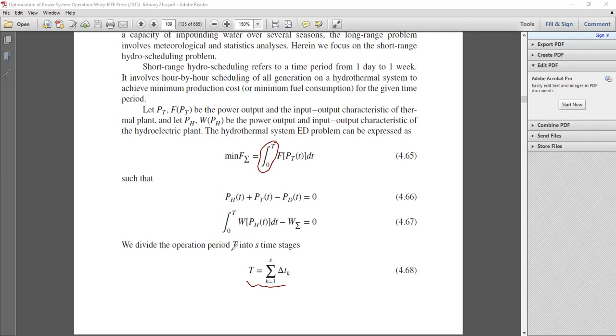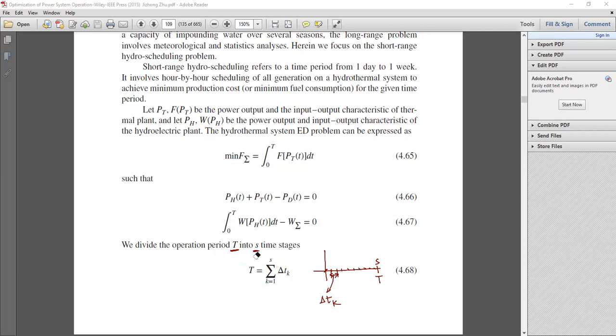So we are discretizing t into s time stages, where k equals 1 up to s, and delta tk is your sample size. So if this is your total t, we have k equal to 1, 2, 3, 4, 5 up to s, and this is your delta tk.